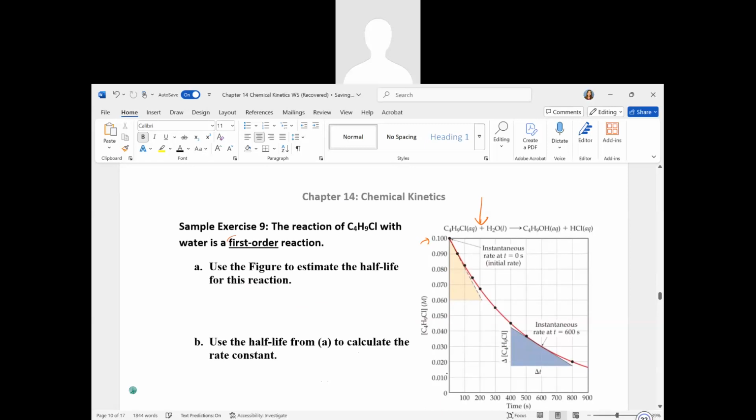Remind ourselves this is a first order reaction, and see if we can use this graph to estimate the half-life. If our reaction goes down to 0 concentration, we want to know how long it takes to reach half from this value. So what's the half-life?